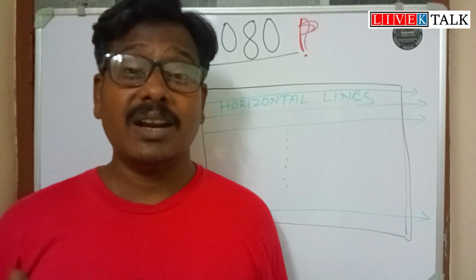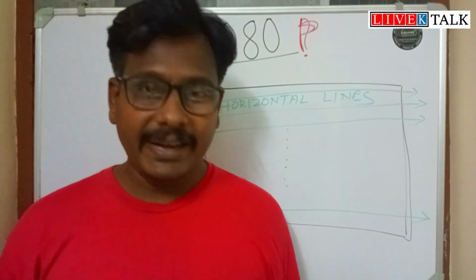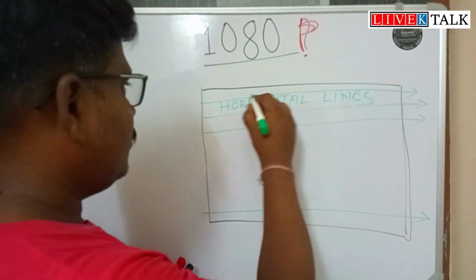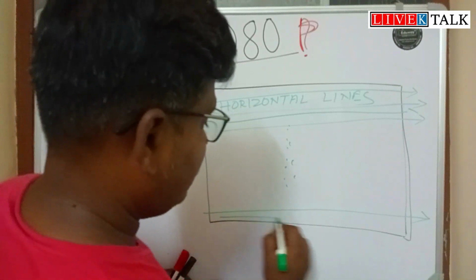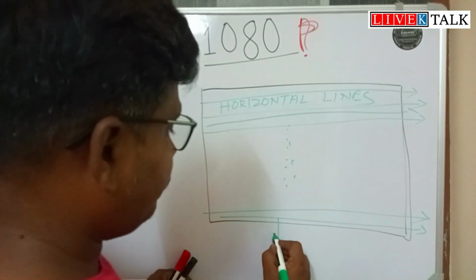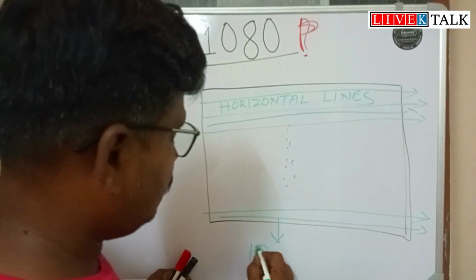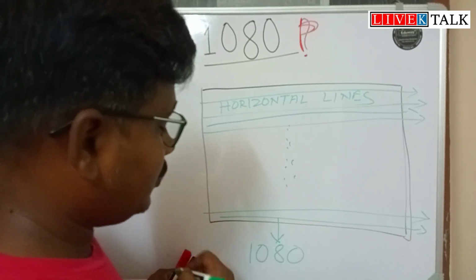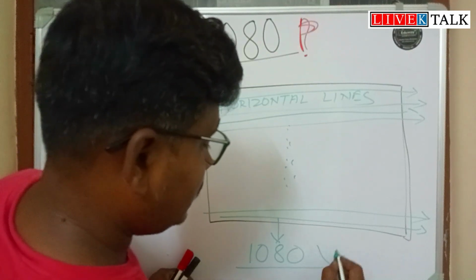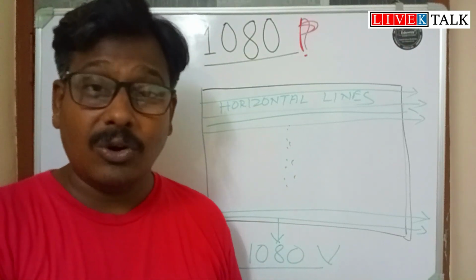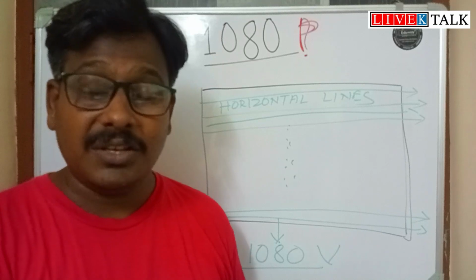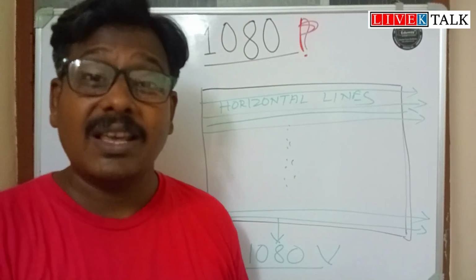And how many horizontal lines are there? 1080. So the number of horizontal lines just like that is total 1080. This 1080 is called the vertical resolution, the number of horizontal lines across a frame.